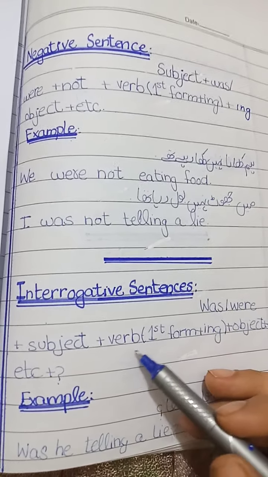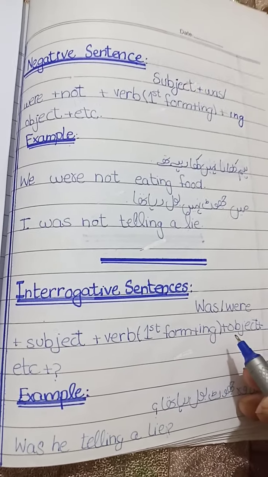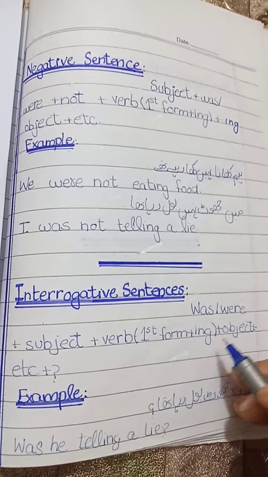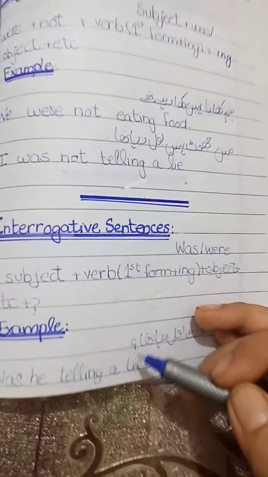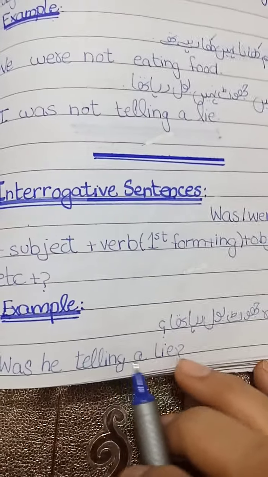Then subject will come, then first form of verb with ing, then comes the object. Example like क्या वो झूठ बोल रहा था? Was he telling a lie?